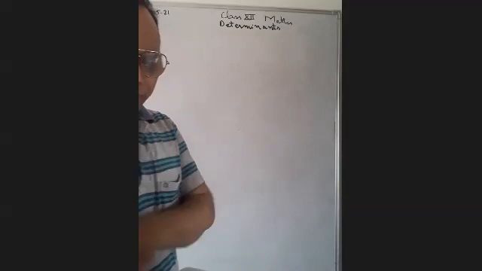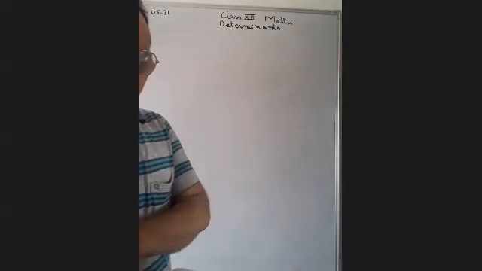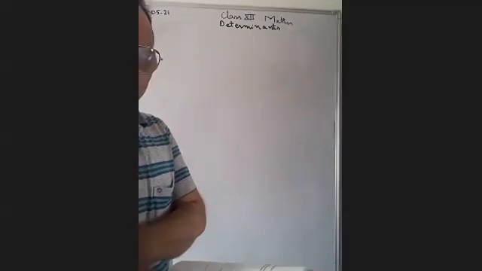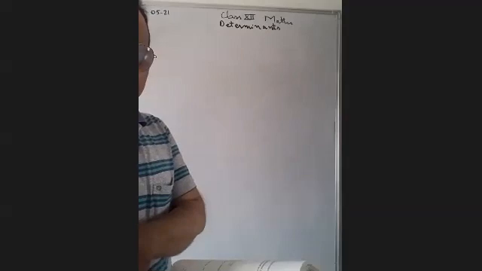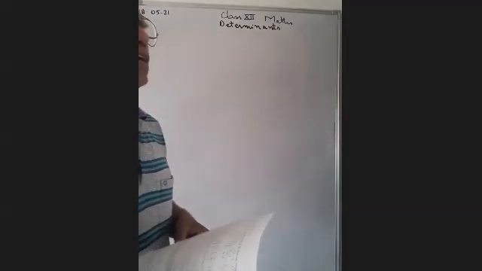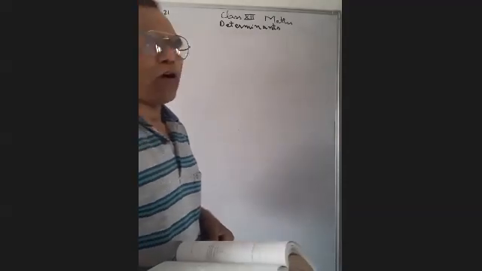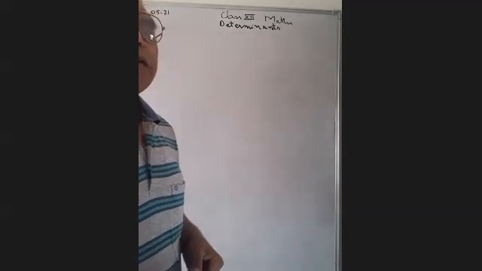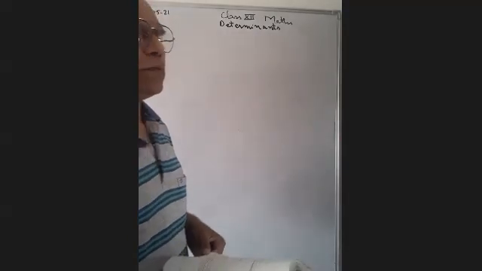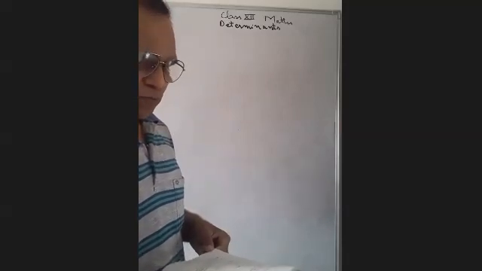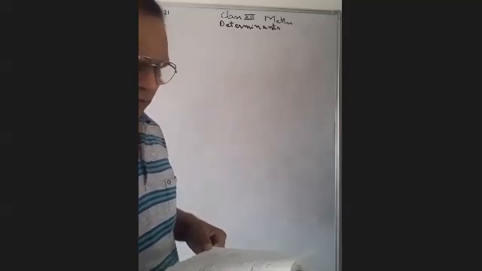The next property: if some or all elements of a row of a determinant are expressed as a sum of two terms, then the determinant can be expressed as a sum of two determinants. If we can express any row or any column as a sum, then we can divide the determinant into two parts, and the value of the determinant will be the same.